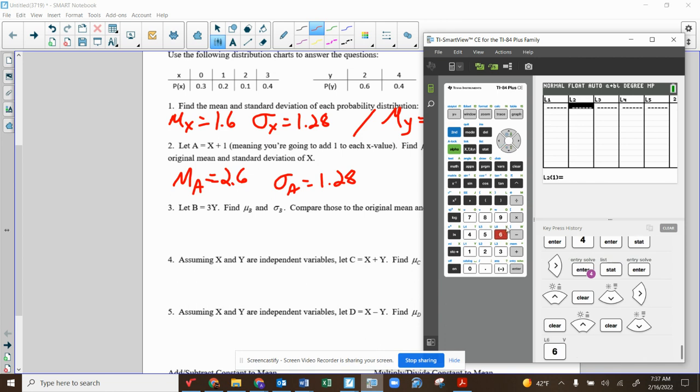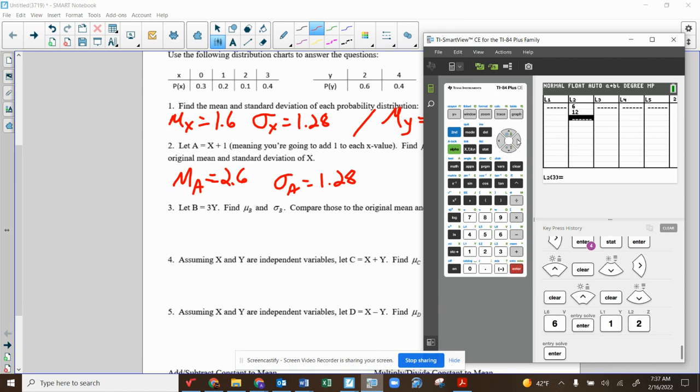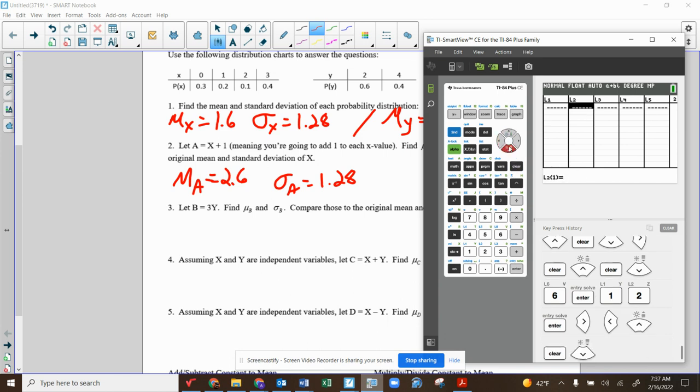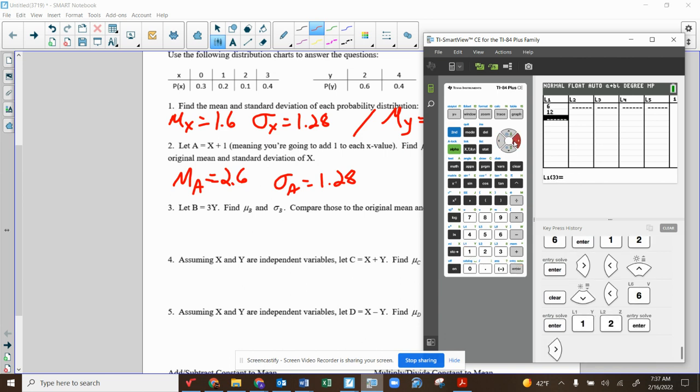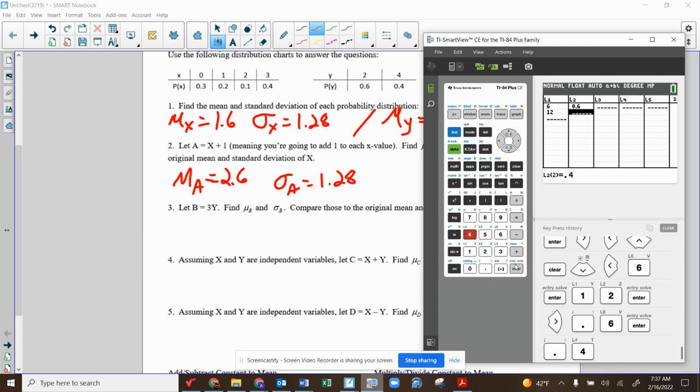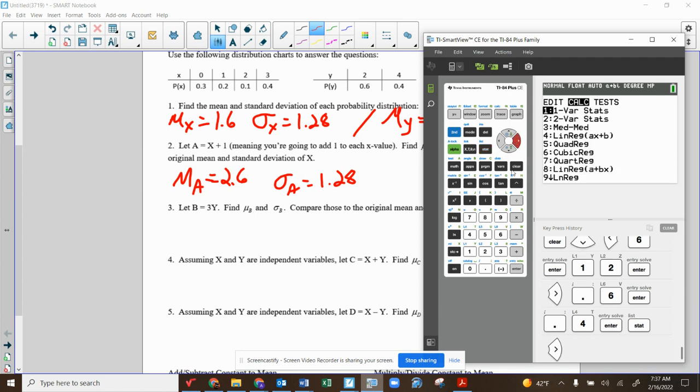So 2 times 3 would be 6 for that one, 4 times 3 would be 12 for that one. Oops, sorry, I put that in the wrong list. I wasn't paying attention. So 6 for that, 12 for that, same two probabilities. Stat, Calc, 1-Var Stats.